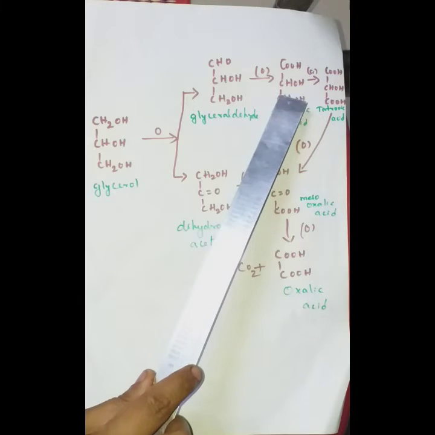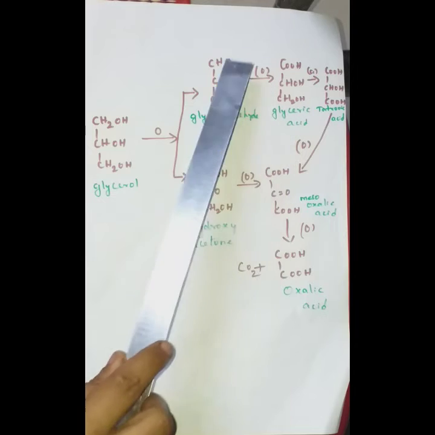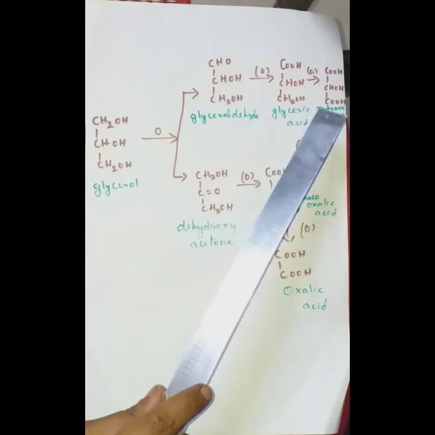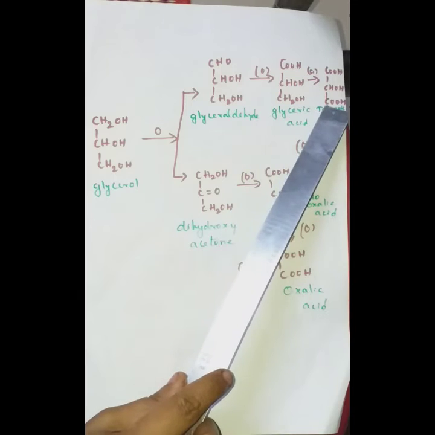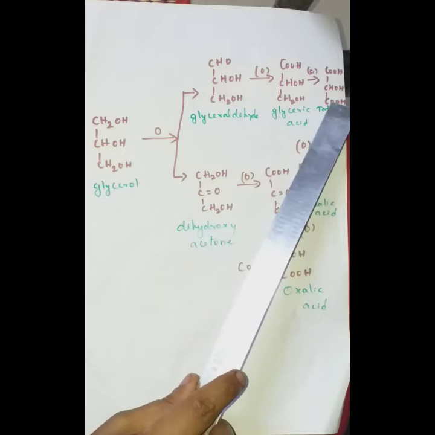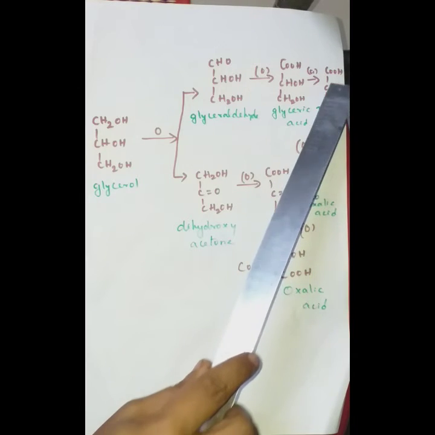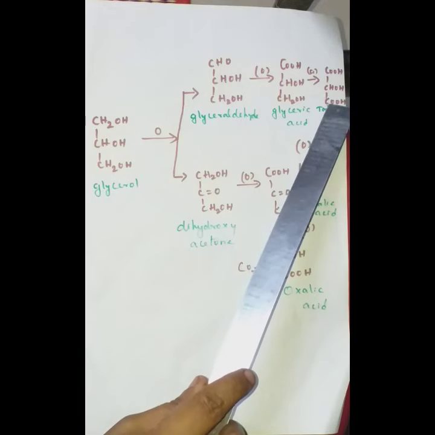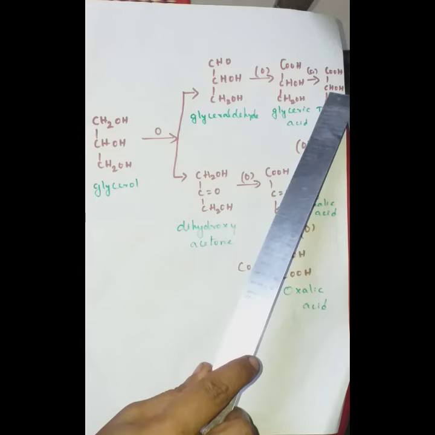Here also the second and third carbons remain the same. After converting the first carbon to acid group, now you take the third carbon. The third carbon is also directly converted, without changing into aldehyde, directly into acid group. So with the first carbon and third carbon, now we get an acid as the final product. Now for further oxidation, the second carbon, that is CHOH.